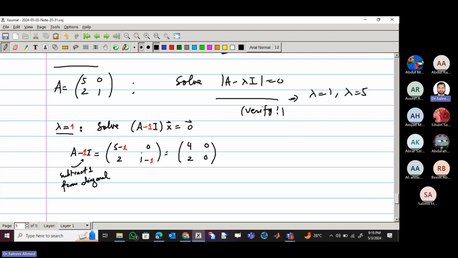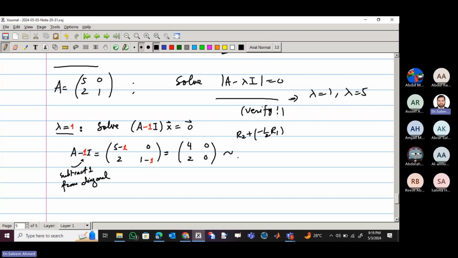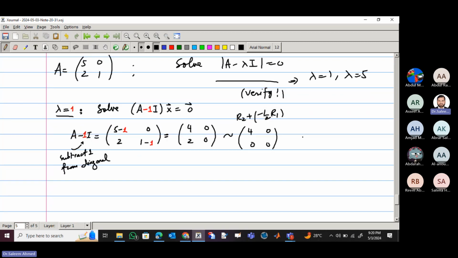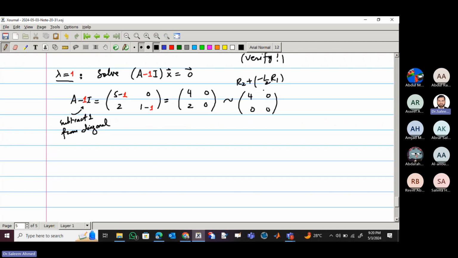That's what I did. Now I'm not finding a determinant. I'm writing the augmented matrix and solving the system. If I use this 4 to make it 0, I can write R2 minus half R1, which will make it 0, 0. One of the rows will definitely become 0, always remember.